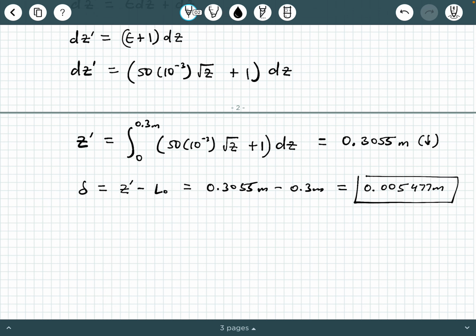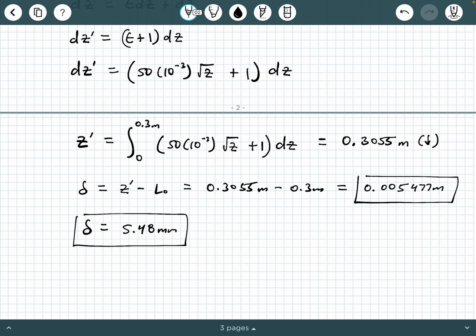Now that's a really small number. When we have small numbers, we sometimes like to use more appropriate units. So you could express this as 5.48 millimeters. Again, if you're studying for an FE exam or a multiple choice exam or test, you want to be careful with how the question asks you to express your answer.